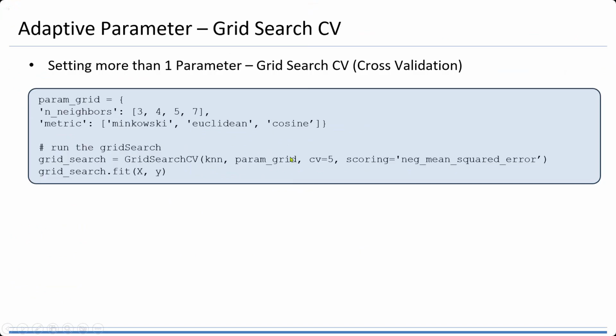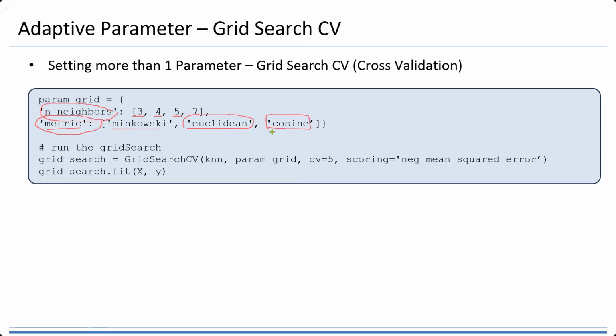Next, we can set different kinds of parameters. For example, the metric that I want to use: not only nearest neighbors 3, 4, 5, 7, but I'm also trying different kinds of metrics, for example Minkowski. You can specify Euclidean, cosine.